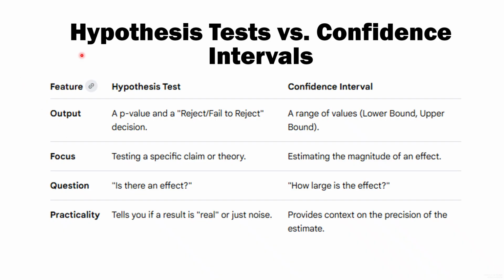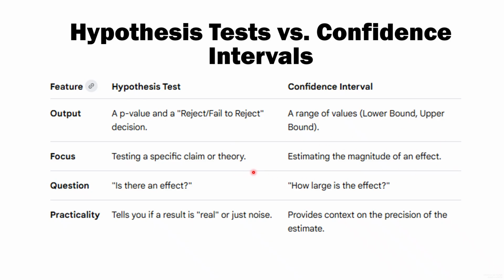So keep in mind that the output of the hypothesis test is a p-value, and you can reject or fail to reject a decision. Not always a p-value; in your case, you'll have critical values, whereas the confidence interval is giving you a range of values. It's giving you those bookends, the lower bound versus the upper bound. Now, the focus of your hypothesis test is to test a specific claim or theory. Usually we're looking at a mean or a standard deviation, whereas the confidence interval is estimating the magnitude of an effect.